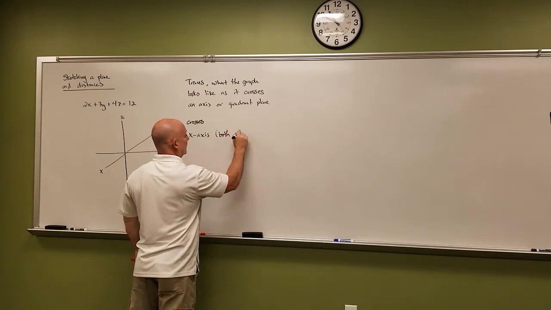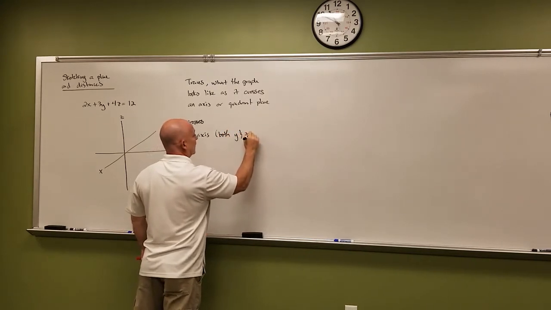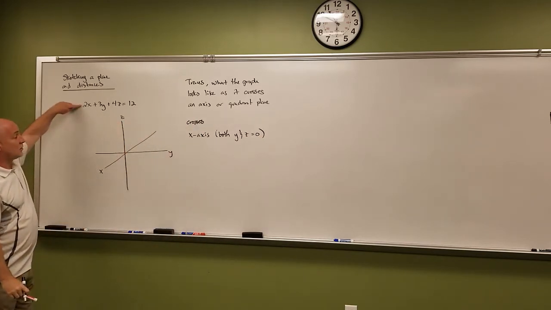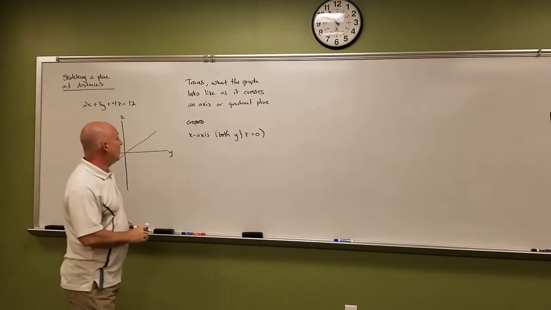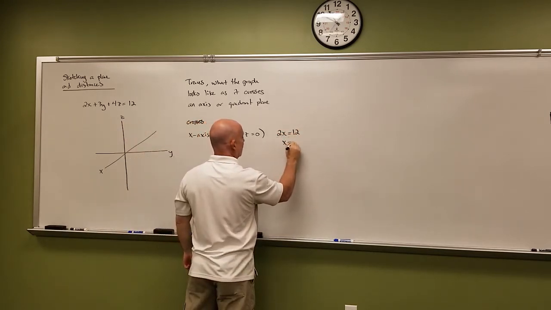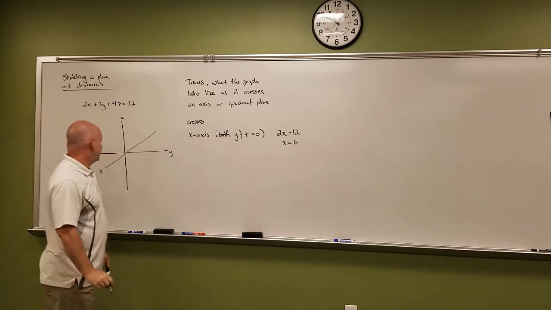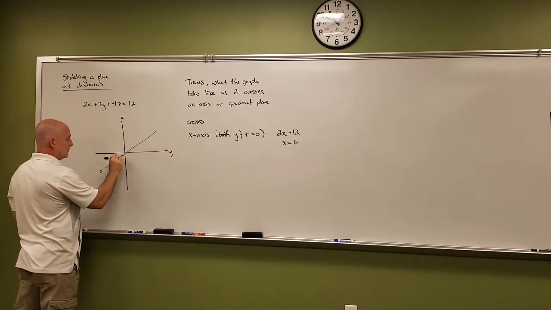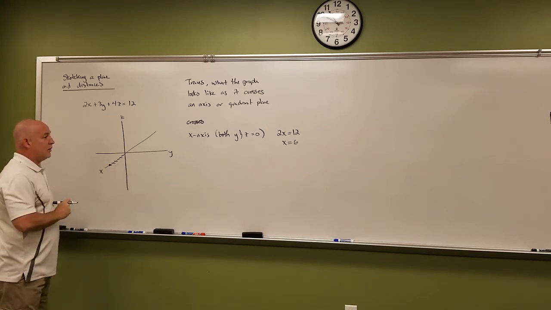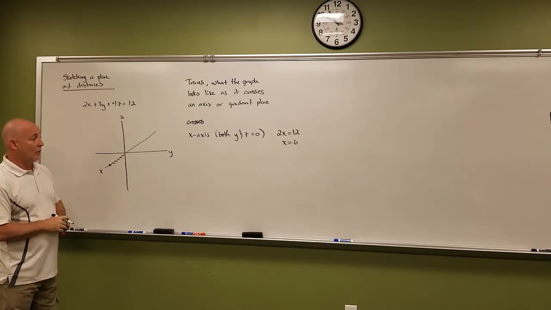So if that's true, what does this equation become? Well, if y and z are 0, that gives me 2x = 12. That means x is 6. So if you take a look at the x-axis here, the graph crosses it at that single point.